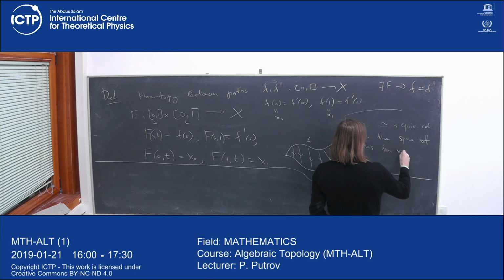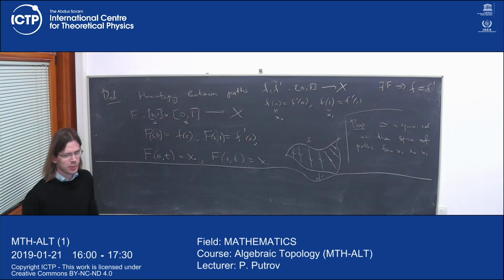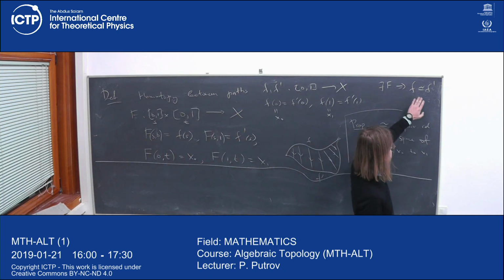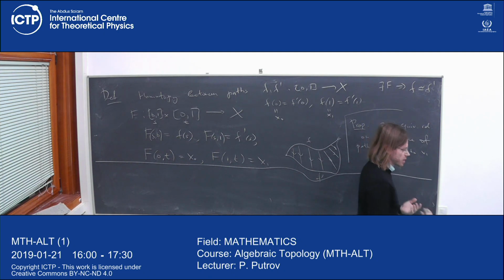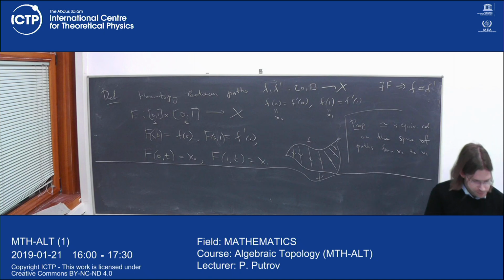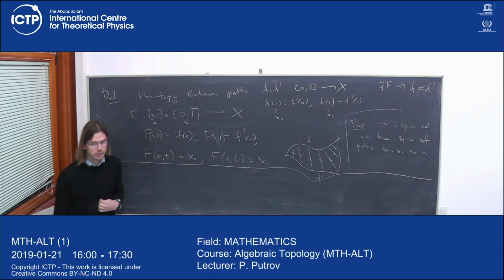But there is some abuse of notation here, because if we have two paths, we can consider them as maps. We have to say that here we don't consider them just as maps, but as paths, where paths can be understood as maps equipped with additional data, additional input, such as a start and end point.